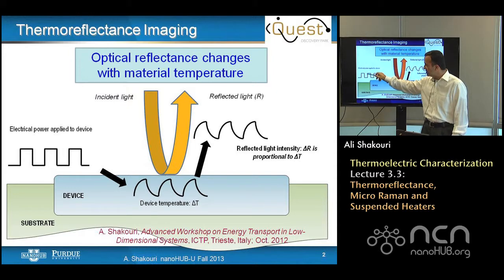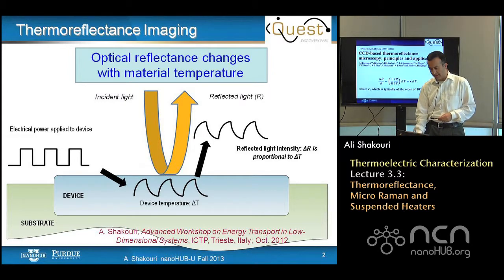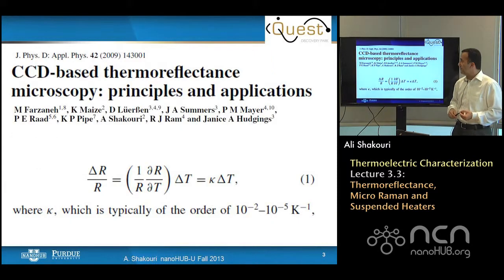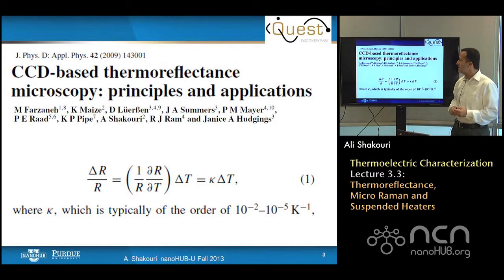But if the change is periodic, you can lock in. So the effect of temperature variation is also periodic, and that is translated into a periodic change in reflectivity. And with a technique such as the locking technique, we can detect that. Here is a review article that summarizes quite well some of the recent advances in CCD-based thermoreflectance.